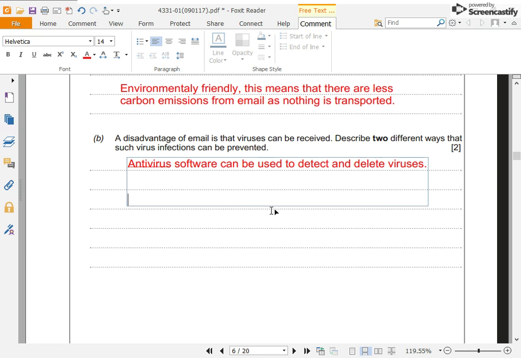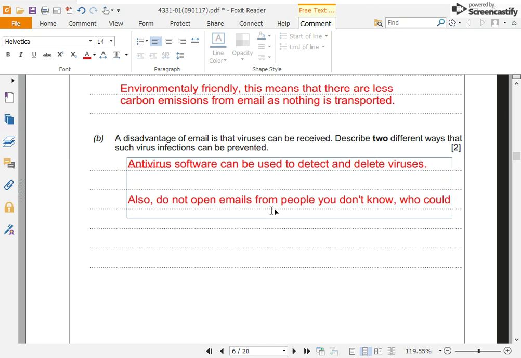He said he wanted two, and he said describe as well. Also, do not open emails from people you don't know who could be potential hackers.